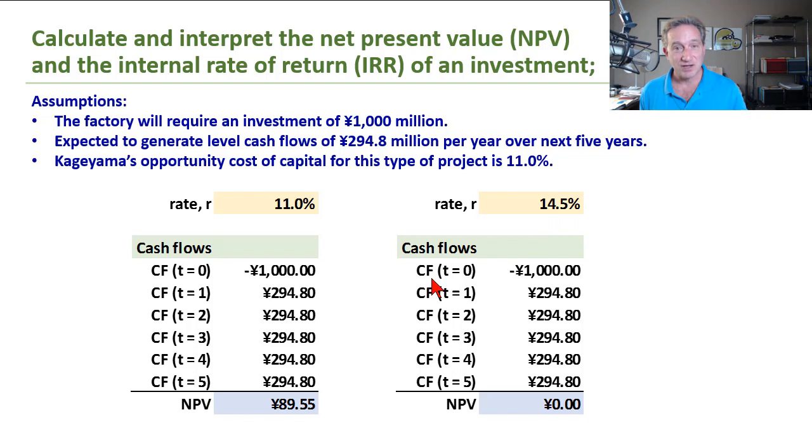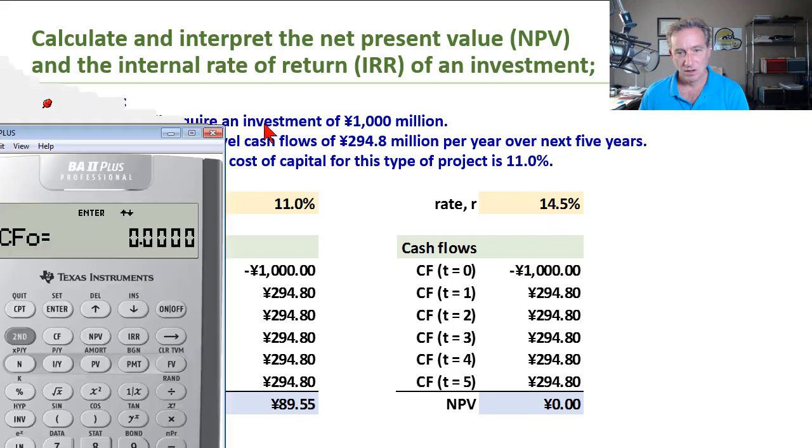And directionally, they should always agree. What I mean by that is the fact that we got a positive net present value is consistent with getting an IRR that's greater than the cost of capital, right? Just as if we got a negative NPV here, then we should get an IRR that's less than the cost of capital.